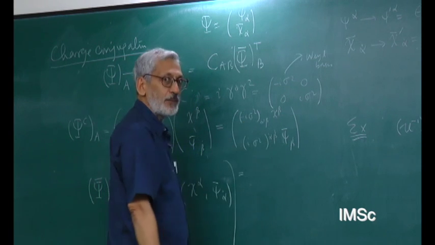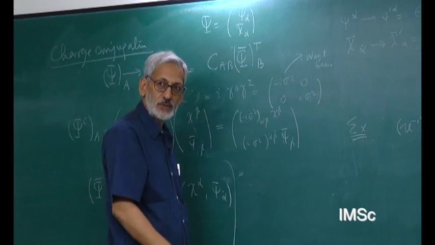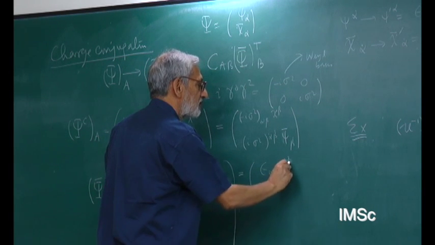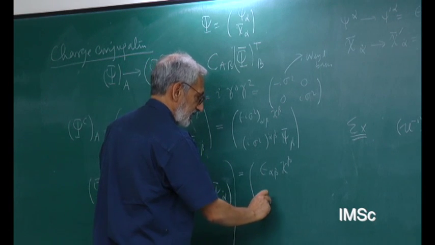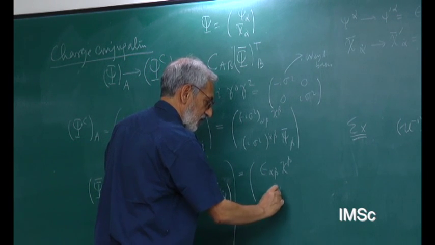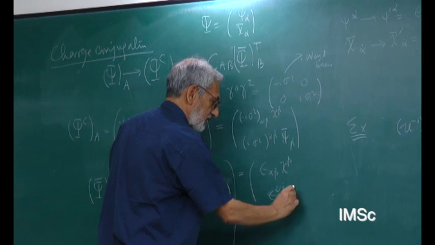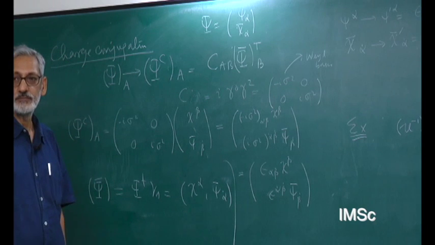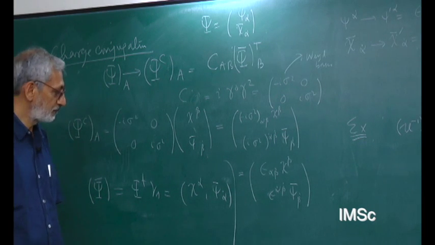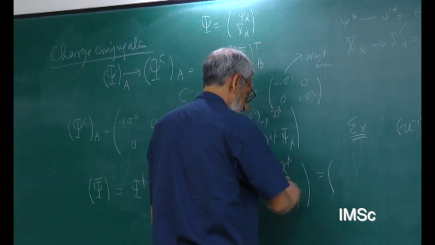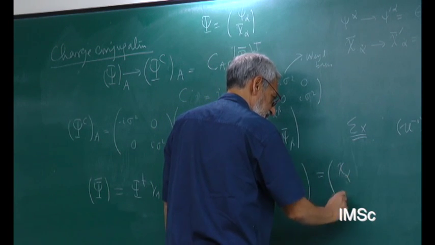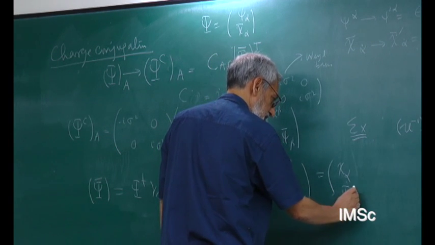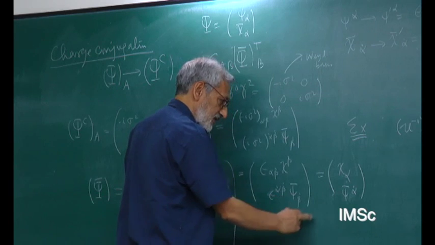Now i sigma 2 is epsilon alpha beta, and this is epsilon alpha dot beta dot, times psi bar beta dot. And that is, this lowers this, and this raises it.